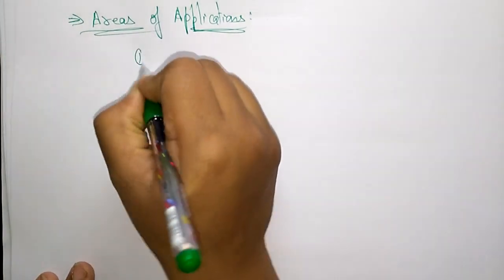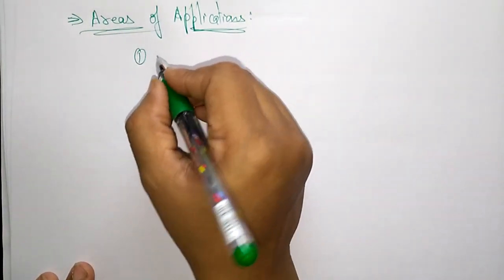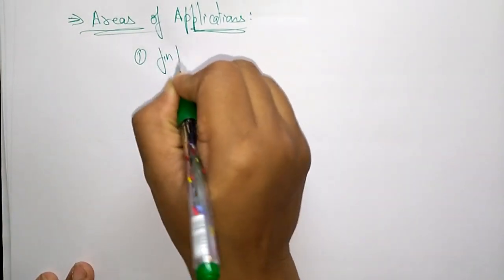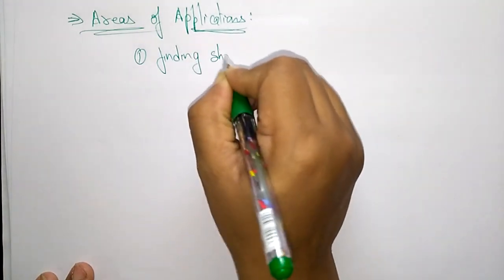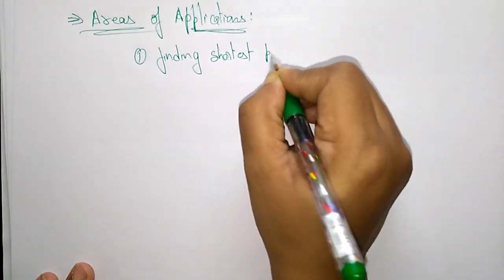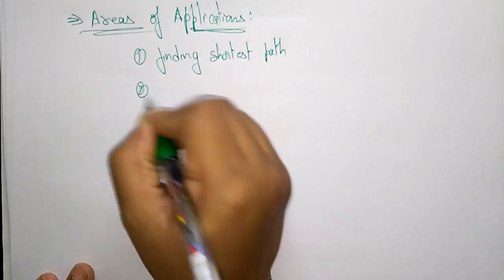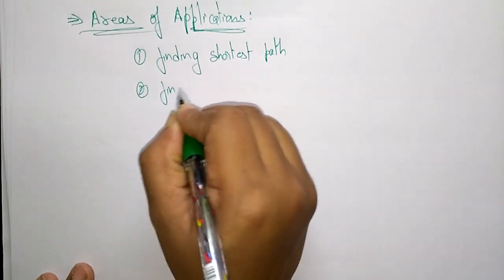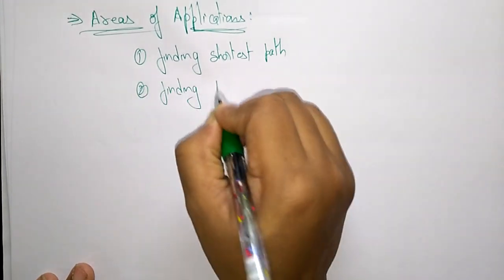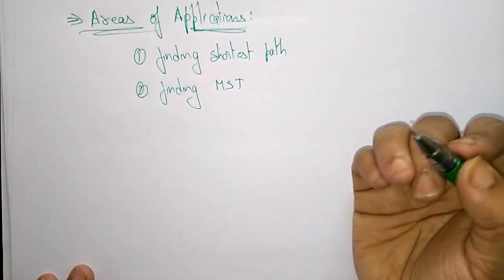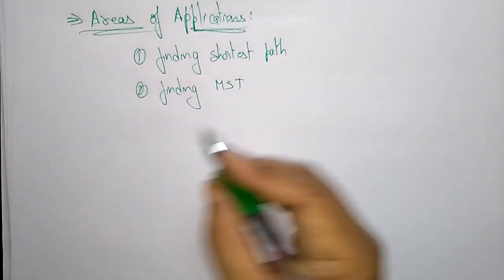It is used for finding the shortest path, and for finding the minimum spanning tree by using Prim's algorithm or Kruskal's algorithm.